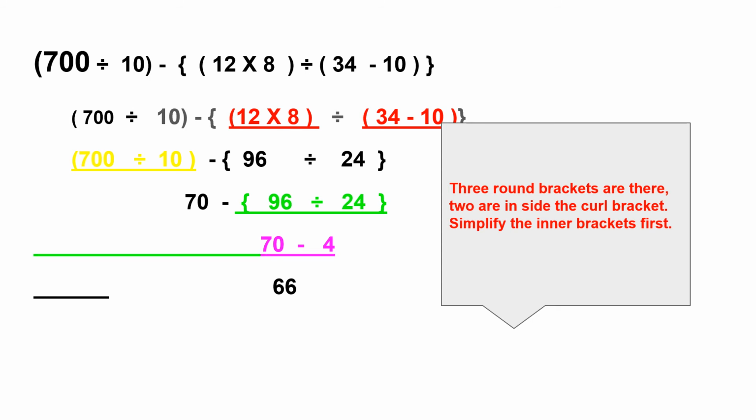Solve it first. 700 divided by 10, answer is 70. 12 multiplied by 8, answer is 96. Division sign. 34 minus 10, answer is 24. Now solve the curly bracket. 70 minus 96 divided by 24, answer is 4. 70 minus 4 is equal to 66.